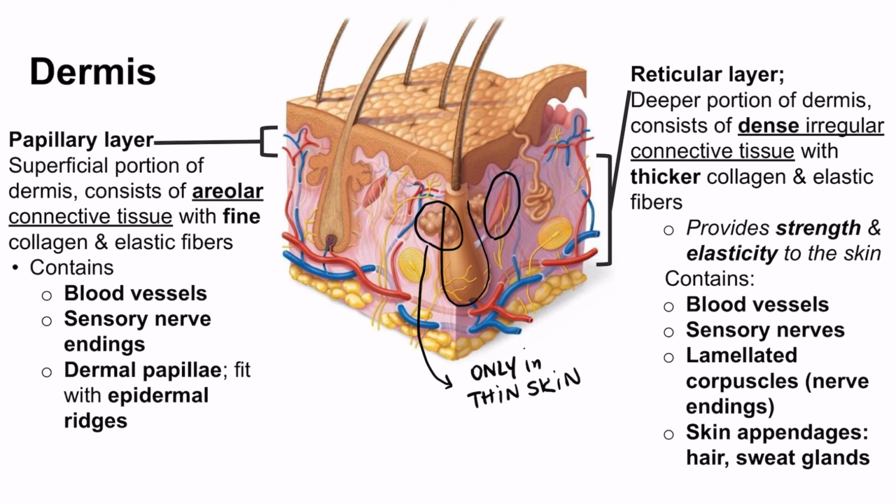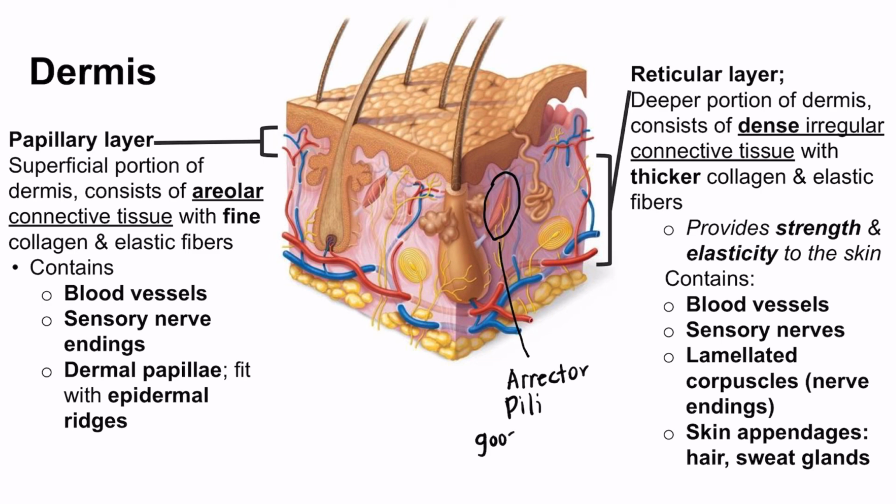So these erector pili muscles are associated with the hair follicle. What that means is when it contracts, it's going to pull the hair tight. If you can guess what this does, this erector pili muscle gives you goosebumps or goose pimples.